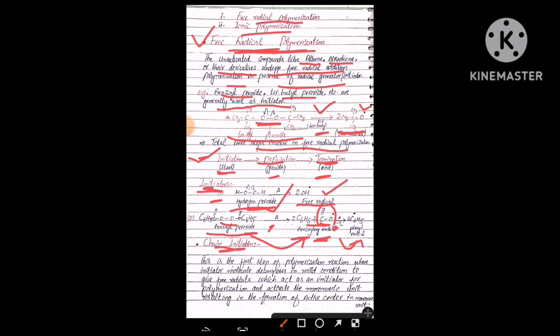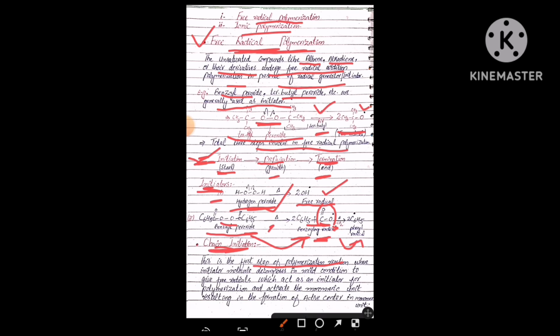So chain initiation is the first step of polymerization. Students, we have already studied it; the first step is initiation, and we will discuss it in detail here.